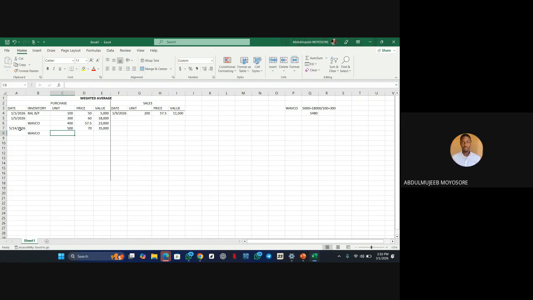We should do WAFCO because we have another addition. Now, if we want to do WAFCO, how much of this particular amount is left? 23,000. How much of the 23,000 is left?